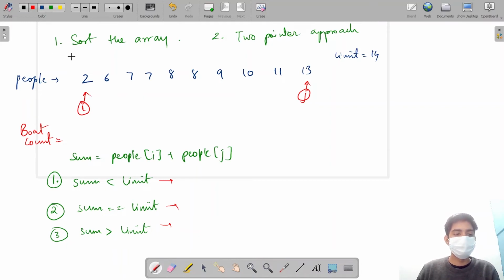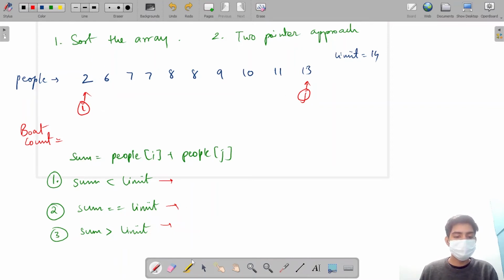Okay, so I have this i and I have this j. Now the sum of the values at i and j is greater than my limit, which tells me that these two people cannot pair up on a boat. This 2 plus 13 gives me 15, which is greater than my limit, which is 14, which means that these two people cannot go together on the boat.